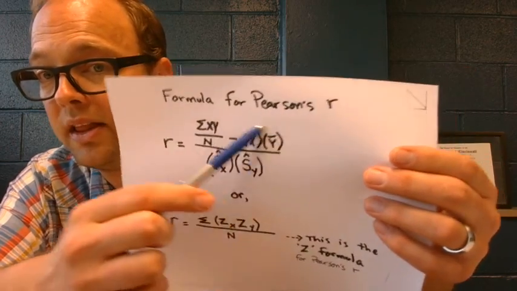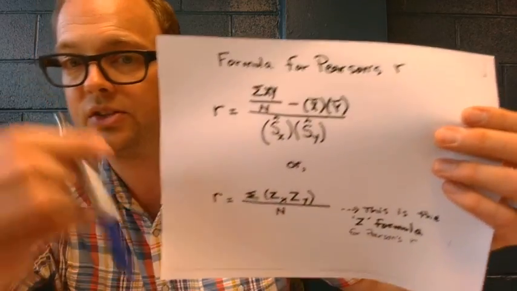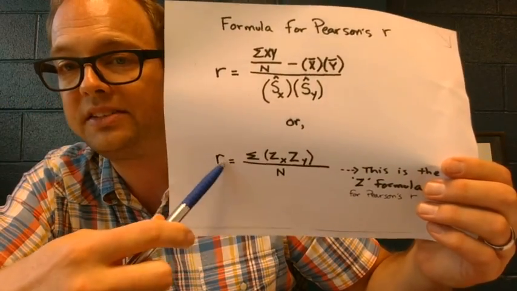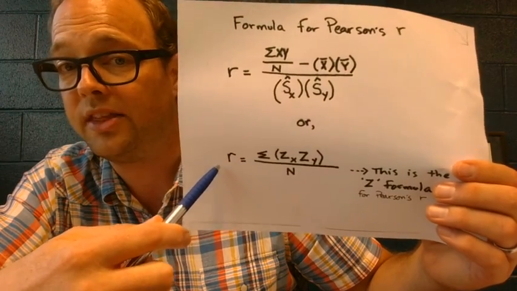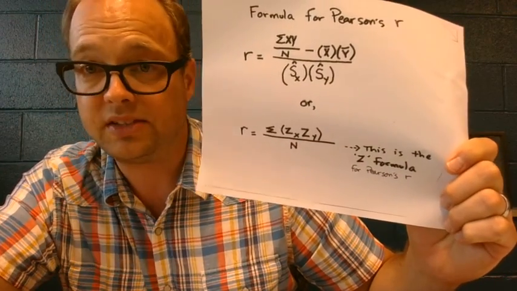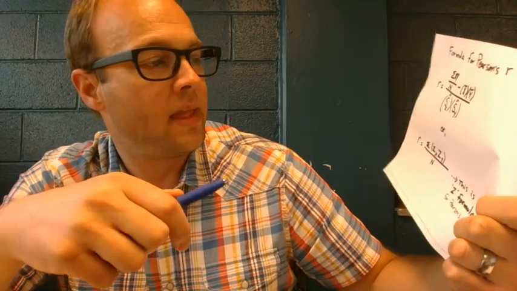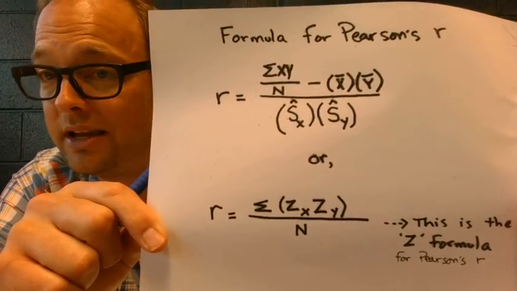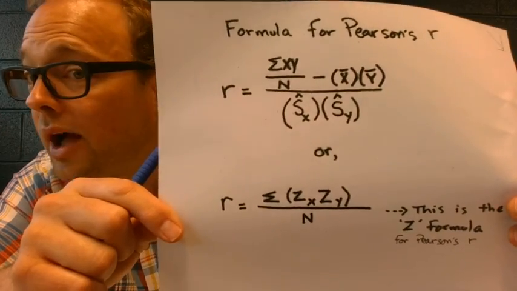So this is the formula. This is the raw score formula for Pearson's r. Now, we're not going to use the z-score formula, but this is the z-score formula. This will get you to the same result as the raw score formula. However, as you might guess, in order to use the z formula, you have to do a couple things first.